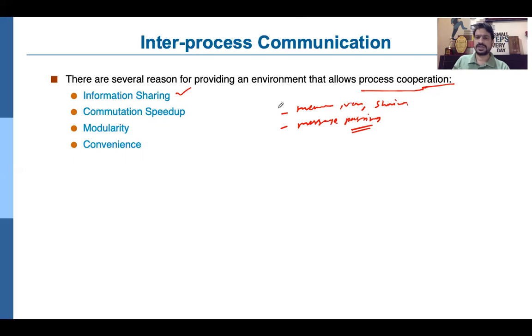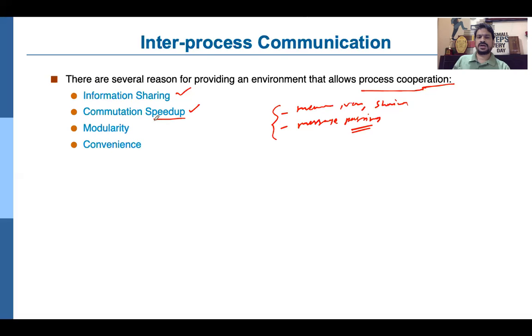That is also possible. In these two ways, information can be communicated between two processes. Second is communication speed up. We can speed up the whole communication process. In that way, we can speed up the whole processing capacity of the system.